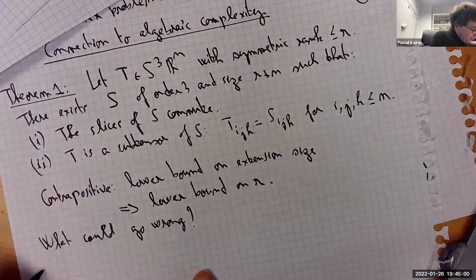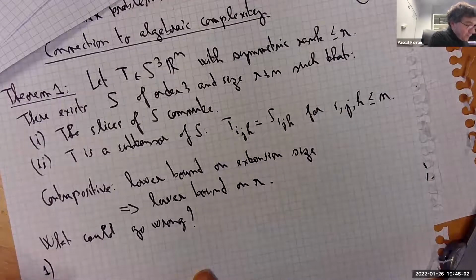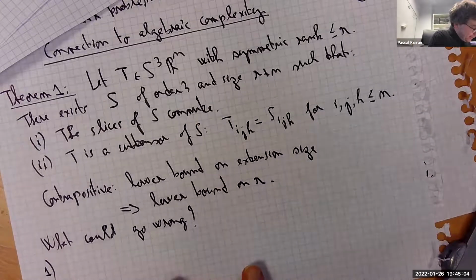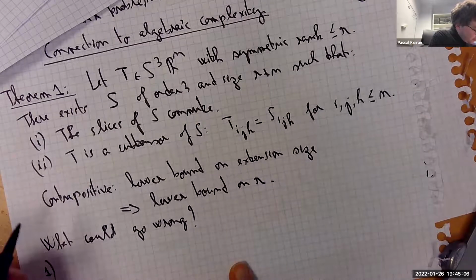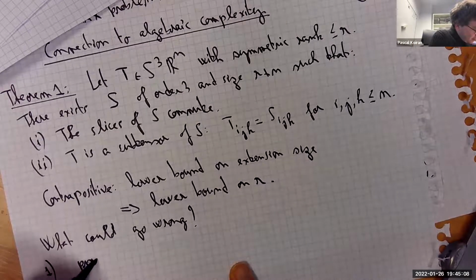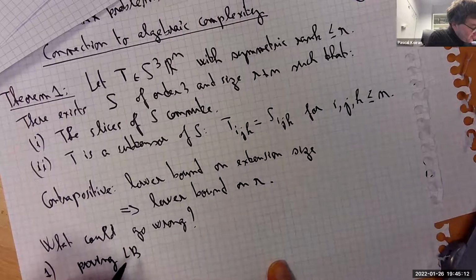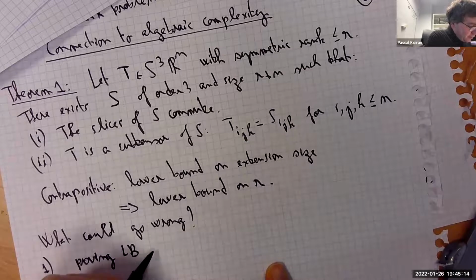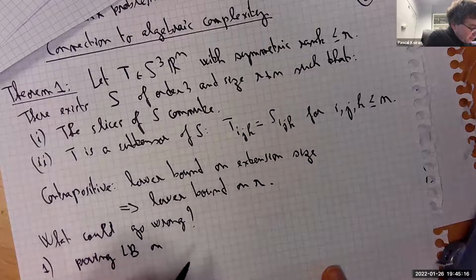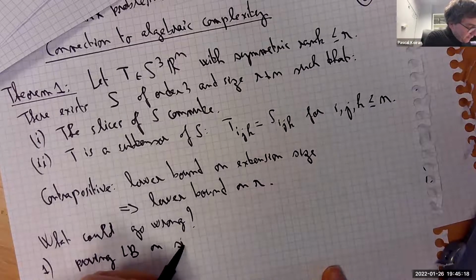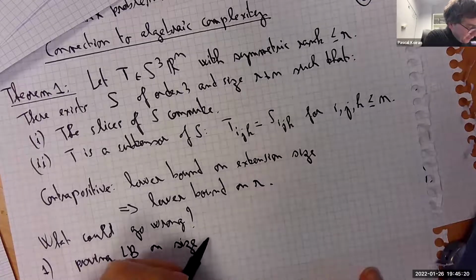Well, first thing, the sad truth is that proving a lower bound on the size of commuting extensions is hard.